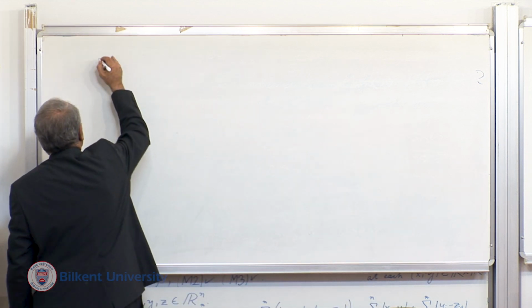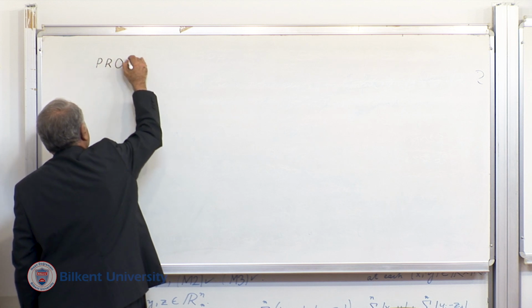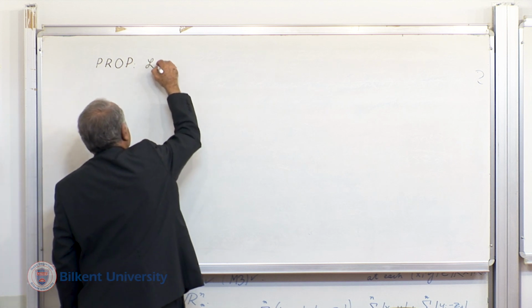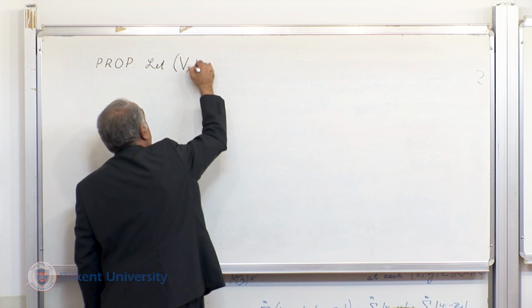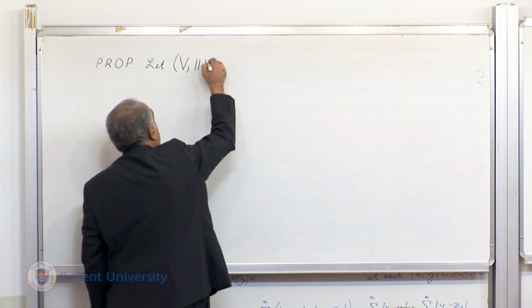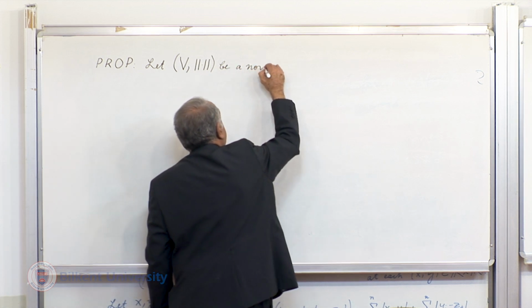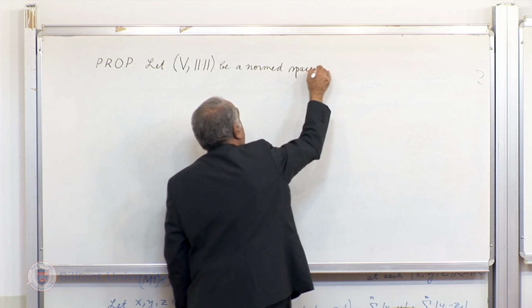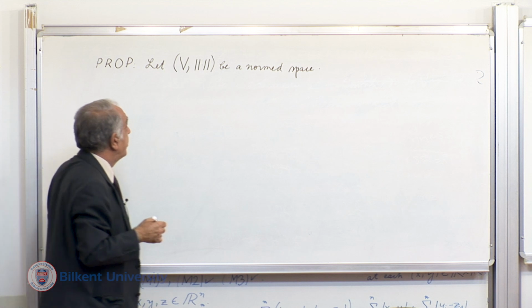Proposition: let V be a normed space. So it is a real vector space structure plus a norm.